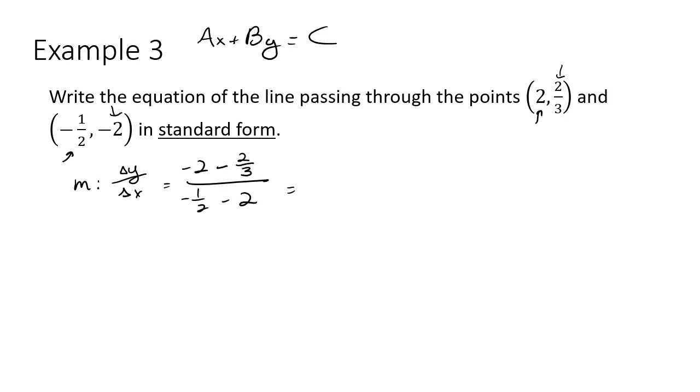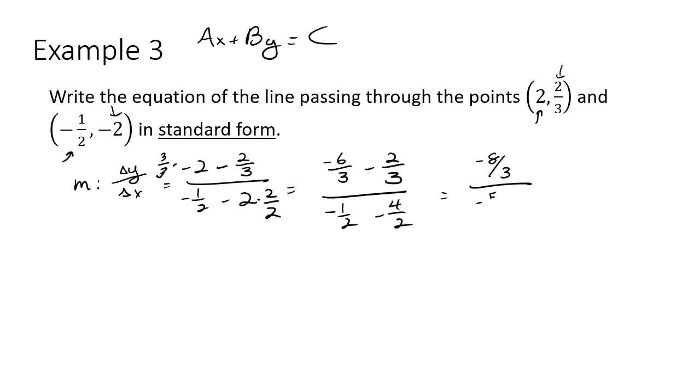So on the top, I'm going to get a common denominator of 3. So that's a -6/3 minus 2/3. And on the bottom, I'm going to get a common denominator of 2. We got a -1/2 minus 4/2. So this would be a -8/3 divided by a -5/2.